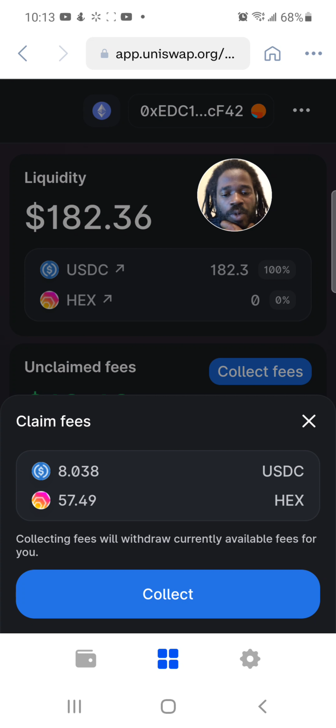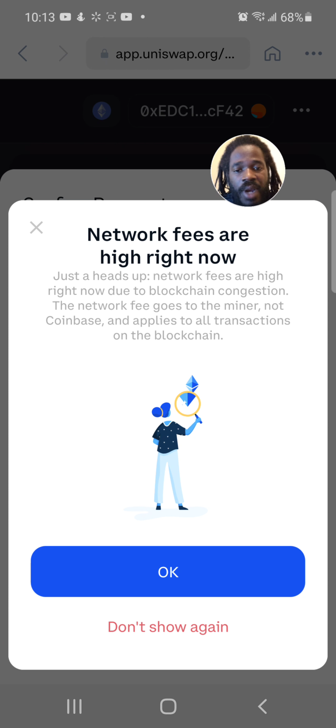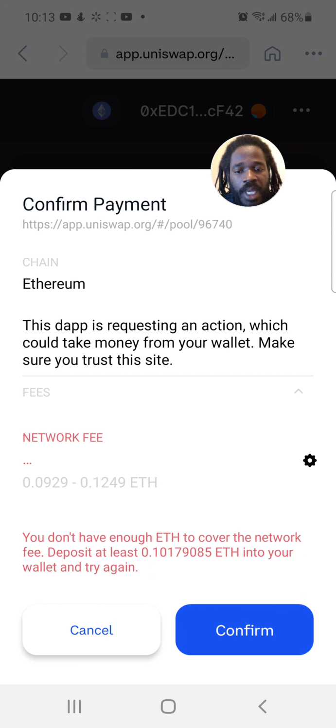Collecting fees will withdraw currently available fees for you. So here are my fees. All right, so let's see what happens. And it's saying network fees are high right now. Awesome. And it wants 1/10 of an Ethereum, which is like 400 bucks.